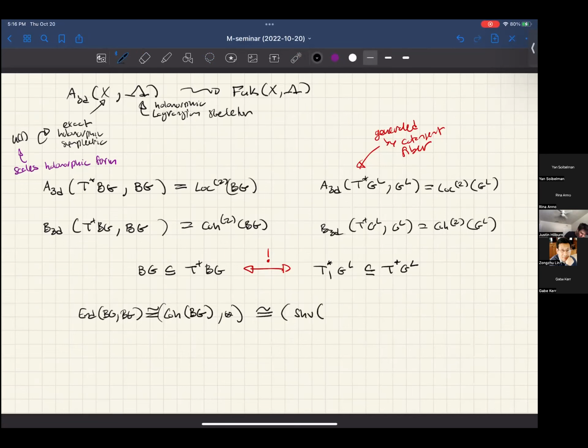And so the only way that this thing is going to be the same size is if this thing is basically some category of sheaves on the loop space of G of L under convolution, or sorry, under loop concatenation.